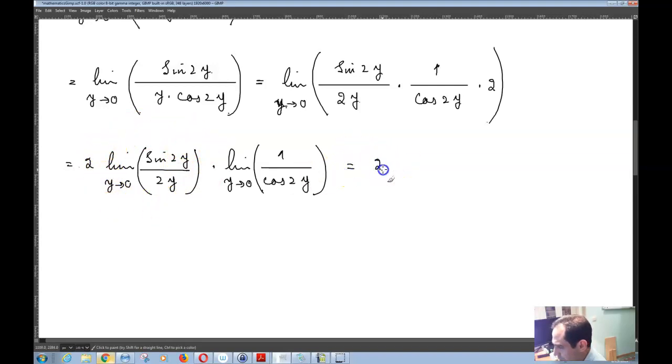So this is going to be 2 times 1 times the limit of 1 over cos 2y as y tends to 0. As y tends to 0, basically 2y tends to 0, and cos of 0 is equal to 1. So 1 over 1 is equal to 1. So this is equal to 2.